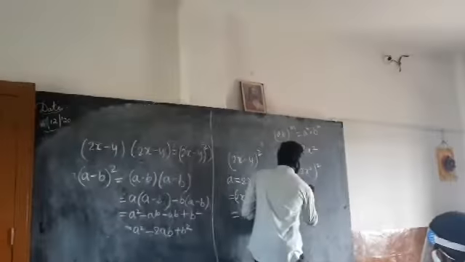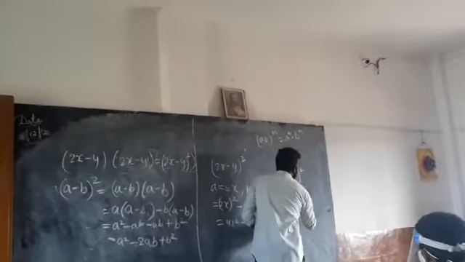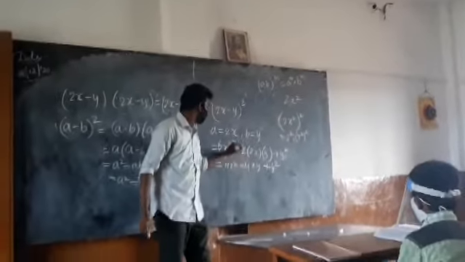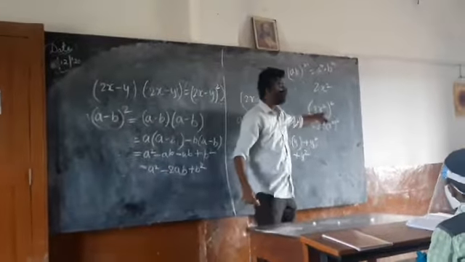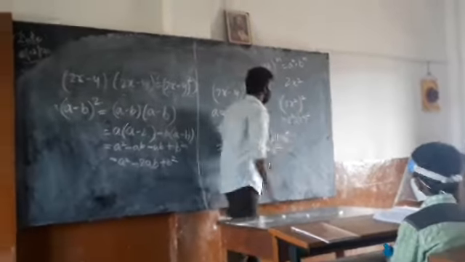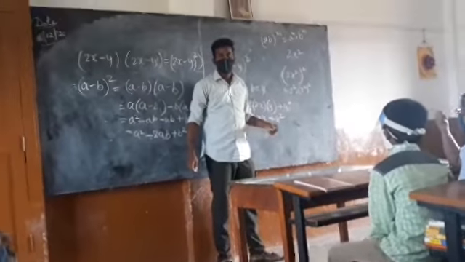Likewise, 2 square, x square whole square. Here x has the power 2, and here x square is given the power 2. Then x square into whole square: how much? x power 4.